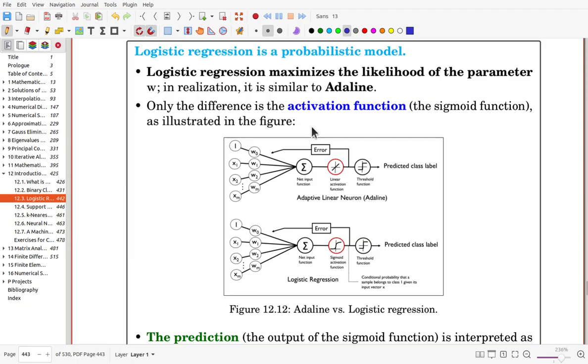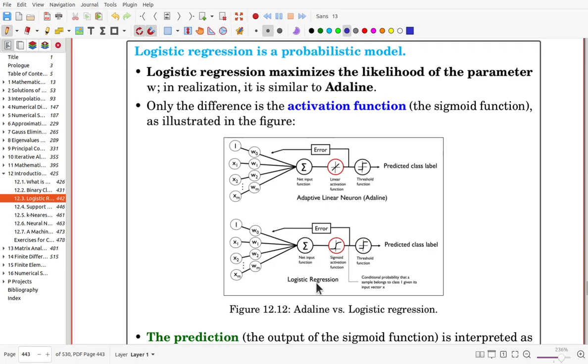If we look at this figure, in Adaline, adaptive linear neuron, the net input is passing identity activation, which means that we use the net input and measure the difference from the label, and the difference will be used to update the weights, the parameters, and that's the algorithm.